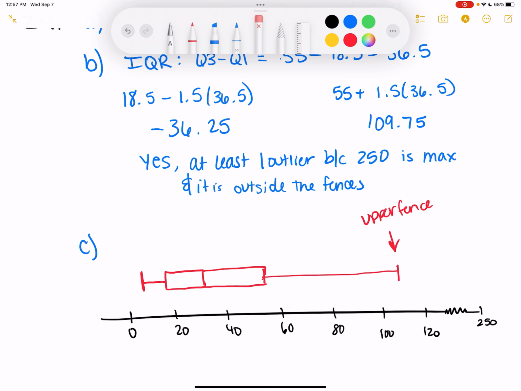And then our outlier is 250, so I'm just going to put a little star there at 250. Because like I said, with a dot, you may not actually be able to tell. Was it a pencil mark or was it actually a dot?